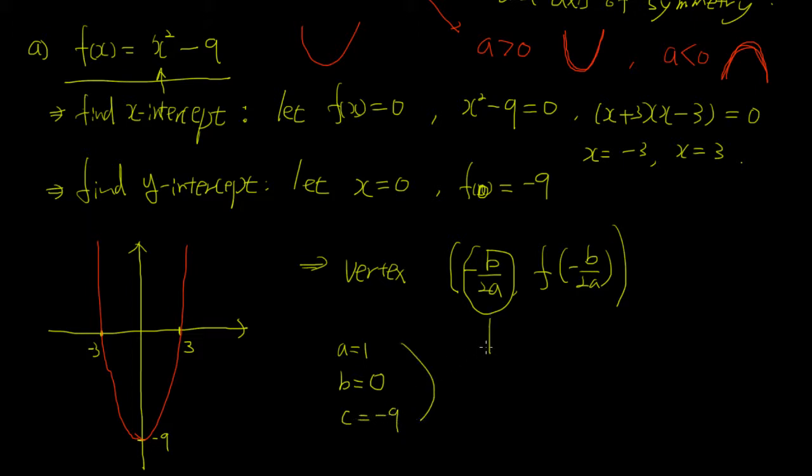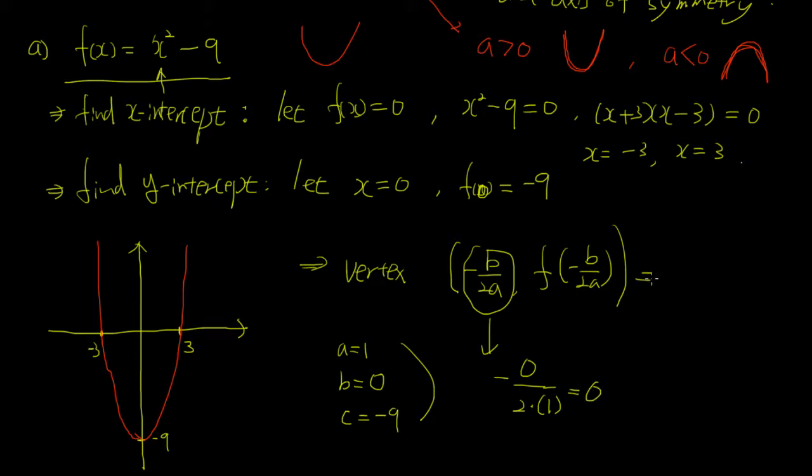So this would be negative of b, which is 0, over 2 times a. Sorry about this, a is 1, right? That doesn't really matter because we have 0 in the numerator. This just becomes 0.